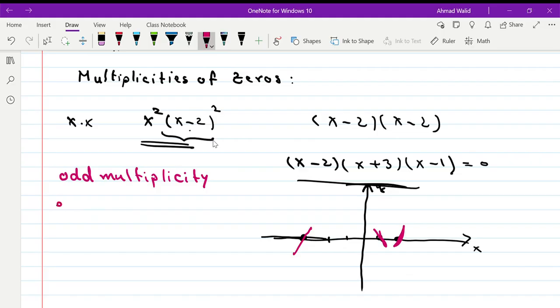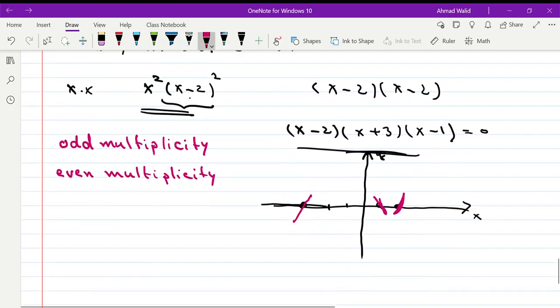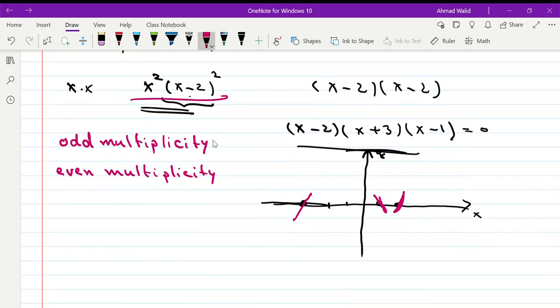When you have even multiplicity, the graph touches the x-axis and turns back. Like this example, x minus 2 squared.